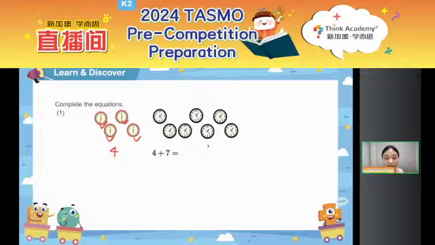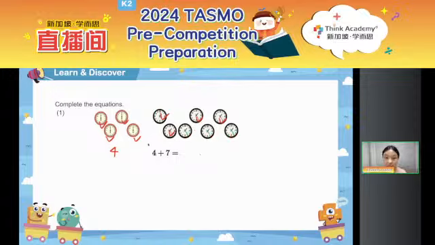And how many black clocks are there? Yes, 1, 2, 3, 4, 5, 6, 7. So we can write down 7 here. This time, what we need to do is just to plus the 4 with the 7.